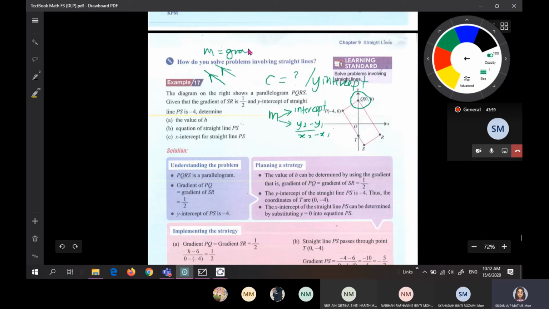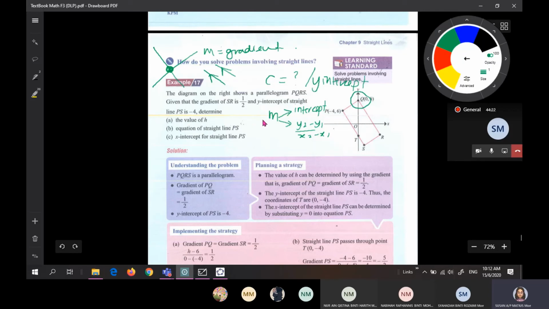Same gradient. And what else did you learn? If you have two straight lines crossing each other, the point of intersection will be the solution for the linear equation. So these are a few things that you have learned in this chapter. You are going to integrate what you have learned in order to find your answers.